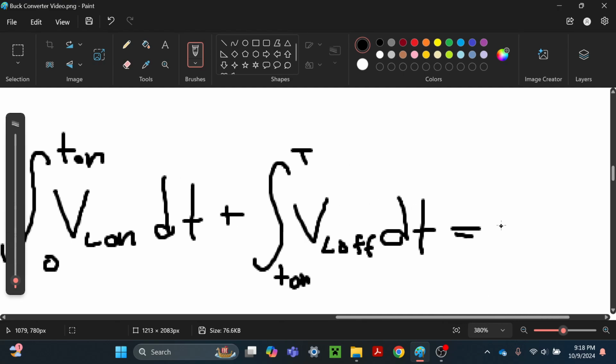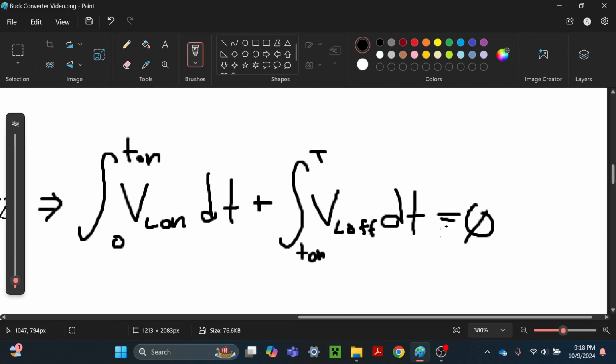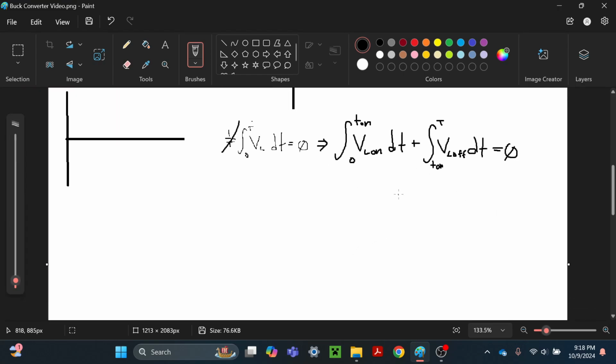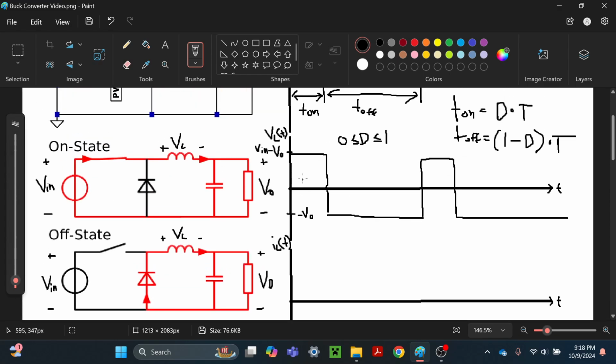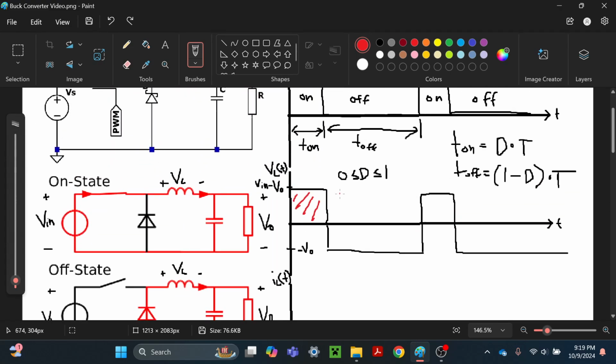Is equal to 0. So having that written out, we can then see that this area is actually going to be this area right here, right?